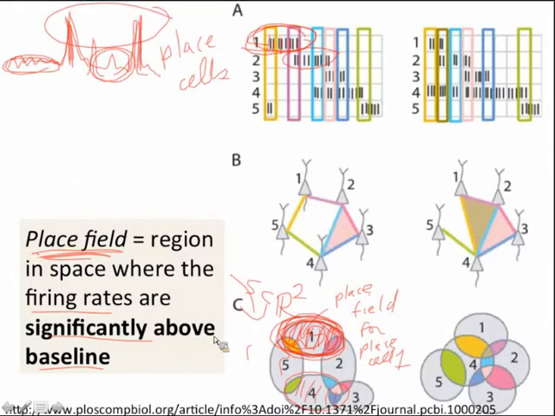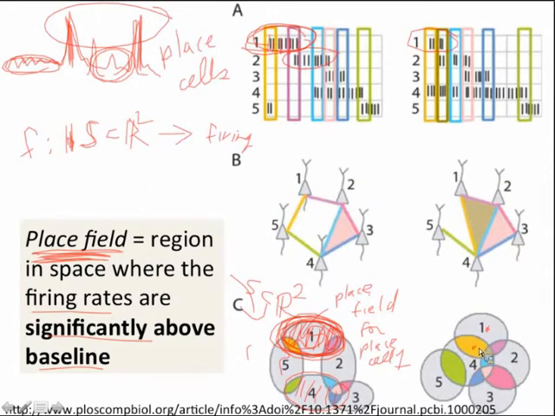There is one thing to keep in mind. As in many areas, the same word can be used for multiple things. So a place field can also refer to the function from the subset in R2 into your firing rates. So we could instead talk about the place field where for this point here, we get this particular firing rate.